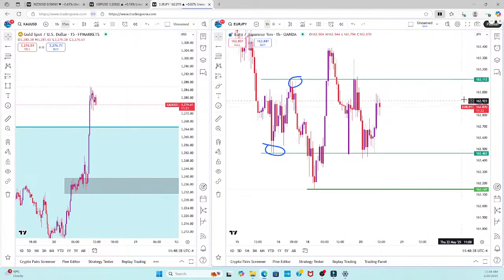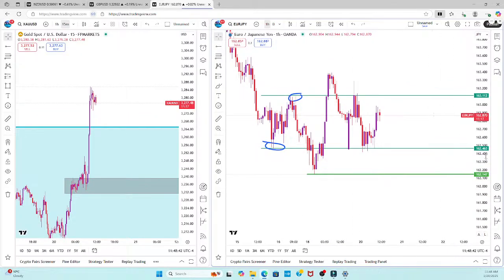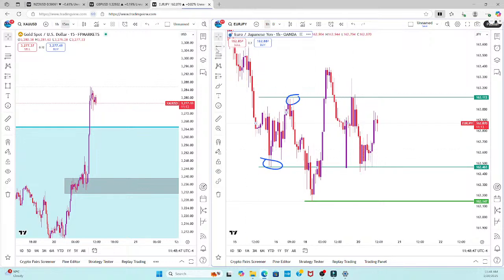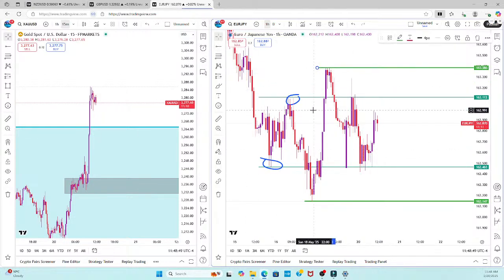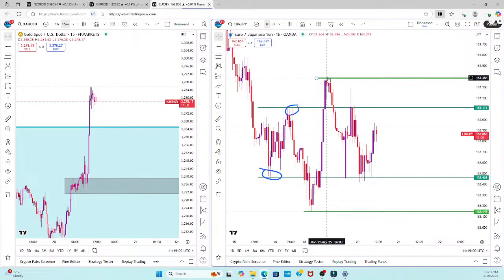So what would I be doing in this case? I'm going to wait to see one of two things happen. If the trend is going to continue, I want to see the price break this current high, for me to be 100% sure it's going to continue.